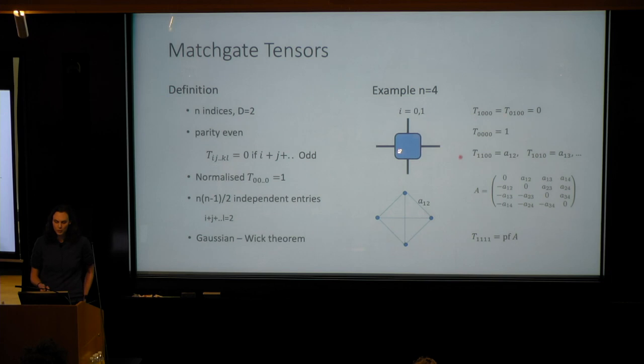So for example, if you have a tensor with 4 indices, this would correspond to a tiny subgraph with 4 vertices. And then these n choose 2 independent entries can be identified with the weights connecting the edges of all these vertices.